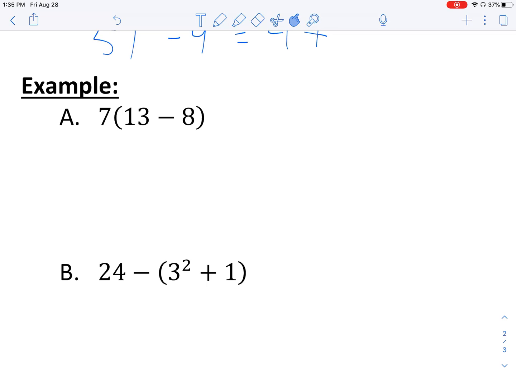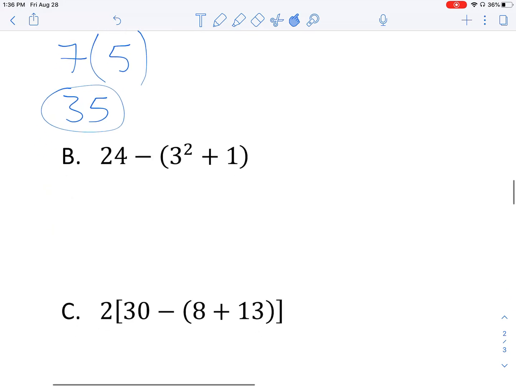Now, there's actually 2 ways to do this, but to be consistent with the lesson, we're going to follow the PEMDAS rules. So remember, whenever you have a number butted up against a parenthesis, it's multiplication. So it's 7 times, and because PEMDAS starts with P, P stands for parentheses, you want to do 13 minus 8, which gives you 5. So now you have 7 times 5, which is 35.